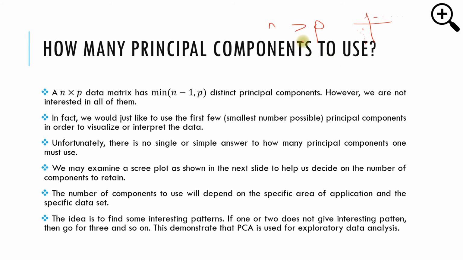But it might happen that sometimes you have a data set for which the number of records is less than the number of variables. If this is the case, then you would have n minus 1 principal components. Let's suppose you had 10 records and you have 20 variables.